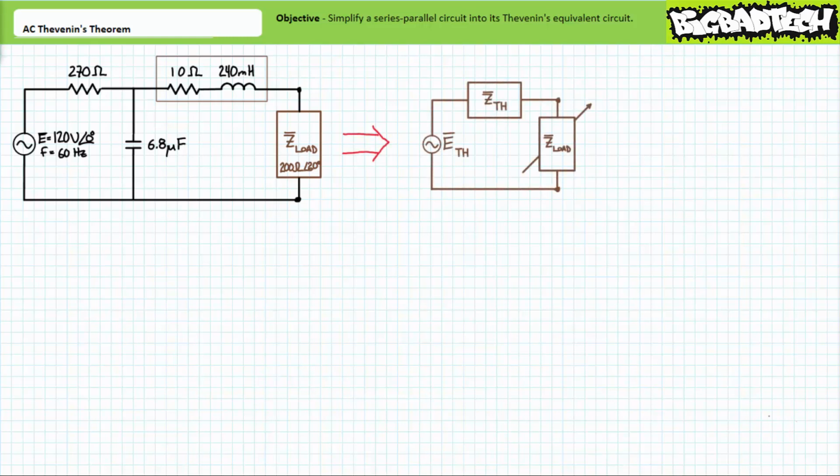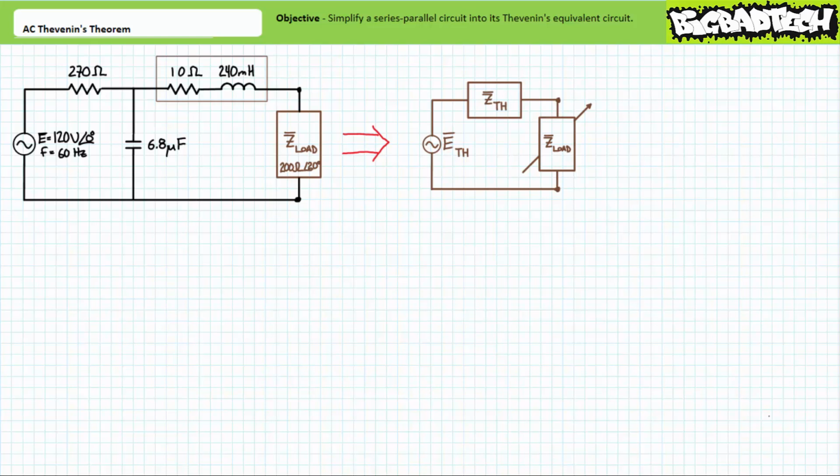Thevenin's theorem is a two-step procedure that simplifies a complicated circuit to a simple series circuit consisting of a Thevenin's equivalent voltage source, ETH, in series with a Thevenin's equivalent impedance, ZTH, in series with our electrical load of interest, Z load. The original complicated circuit and the Thevenin's equivalent circuit should ideally behave the same, and importantly, the load impedance should be none the wiser to the substitution.